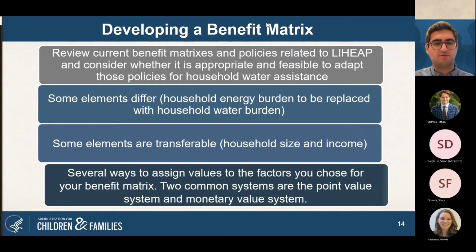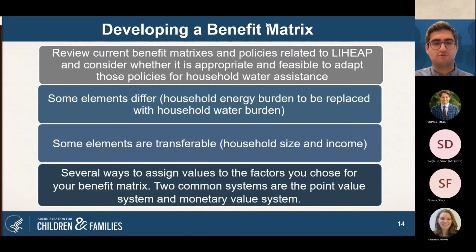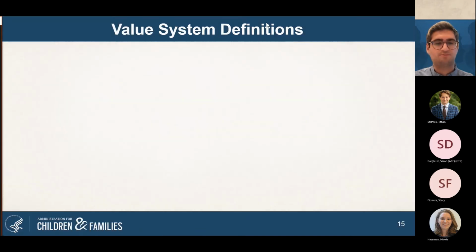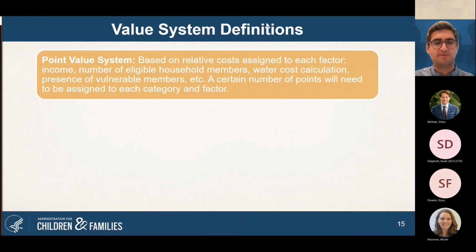There are several ways to assign values to the factors you chose for your benefit matrix. Two of the most common ways are a point value system and a monetary value system. The point value system is based on relative costs assigned to each factor: income, number of eligible household members, water cost calculation, presence of vulnerable members, etc. A certain number of points will need to be assigned to each category and factor.